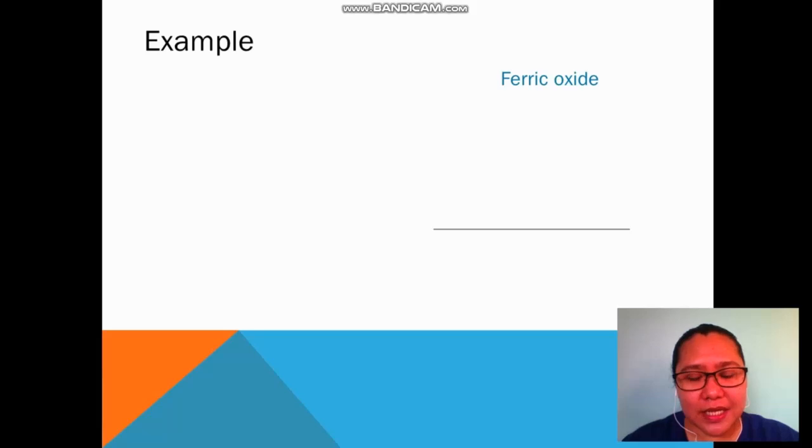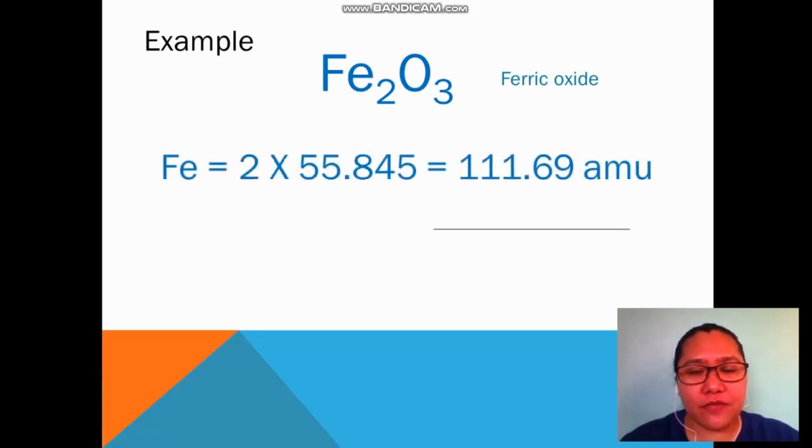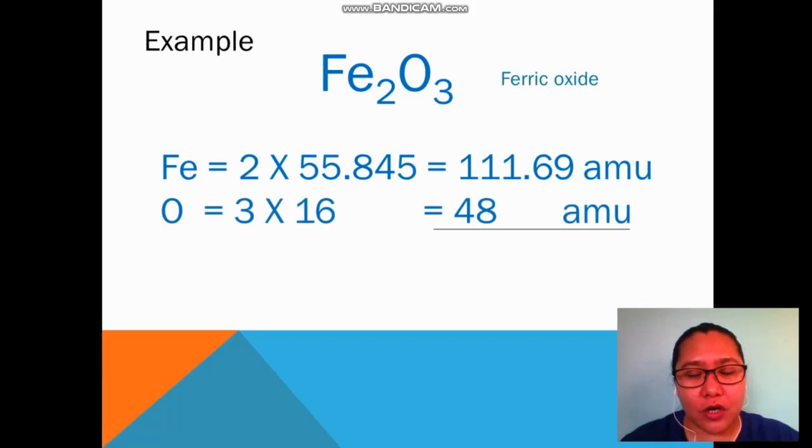As an example, we have ferric oxide, written as Fe2O3. We have iron, whose atomic mass is 55.845. You are going to multiply that by 2 to get 111.69 atomic mass units. Oxygen has 16 atomic mass units, so we multiply that by 3 to get 48.